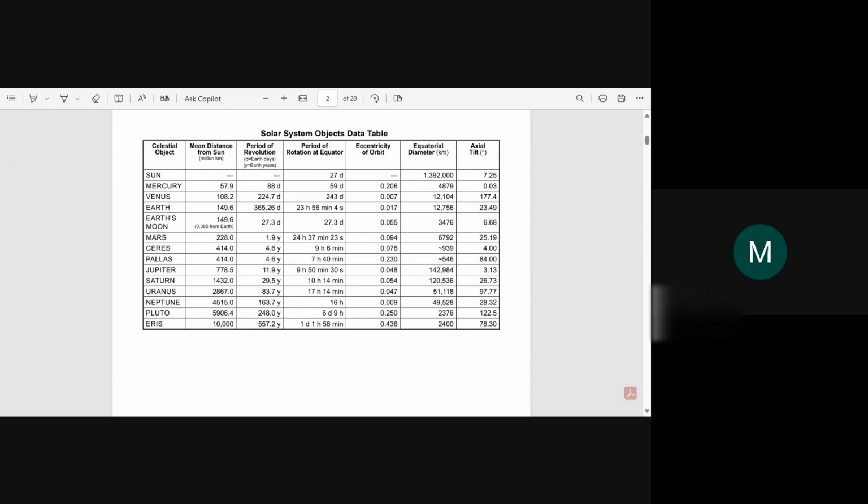We'll see the characteristics in the other categories here. Then, after the asteroid belt, you have your outer planets, or your Jovian planets.